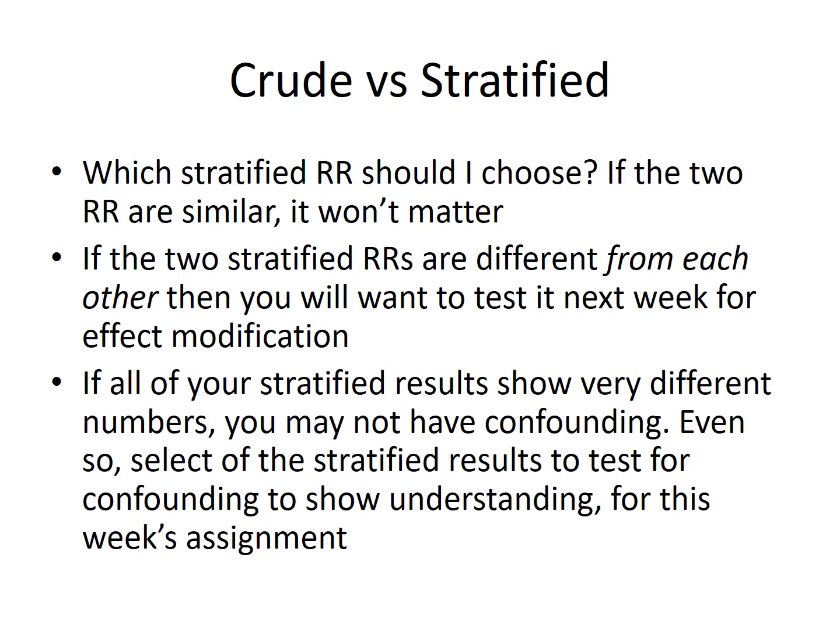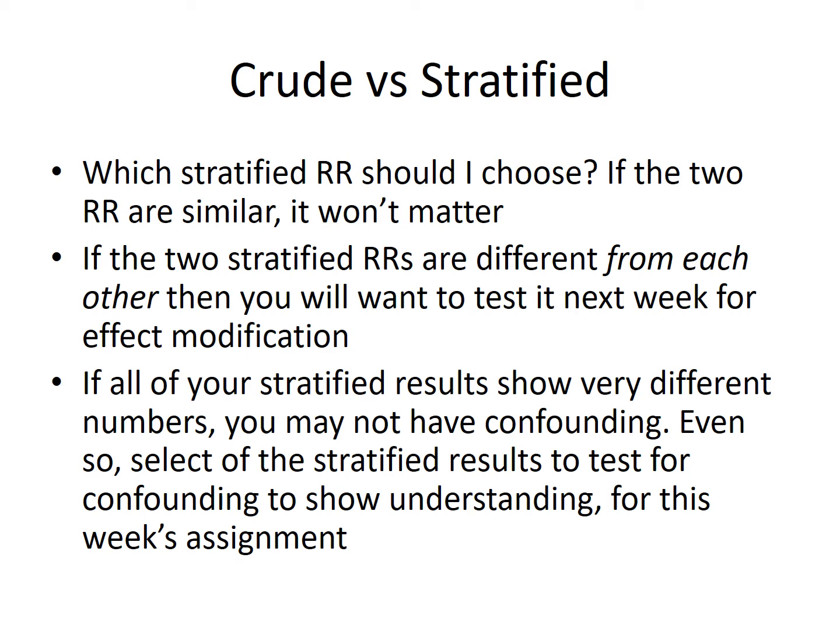Now, when you're doing the test for confounding, one question might arise: which stratified risk ratio should I choose? If the two risk ratios are similar, or if they're both greater than 10% different from the crude, it won't matter. So the question is whether the two stratified risk ratios are different from each other and whether or not it matters which one you choose.